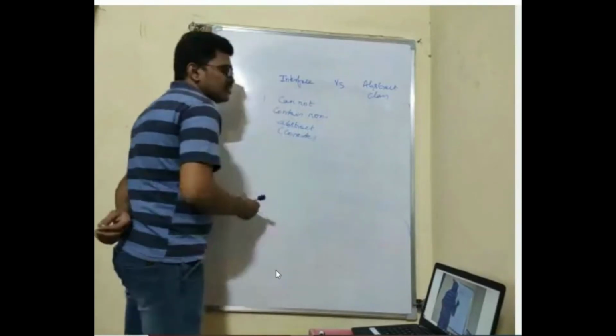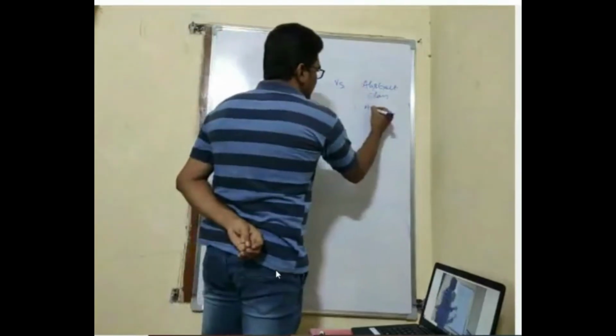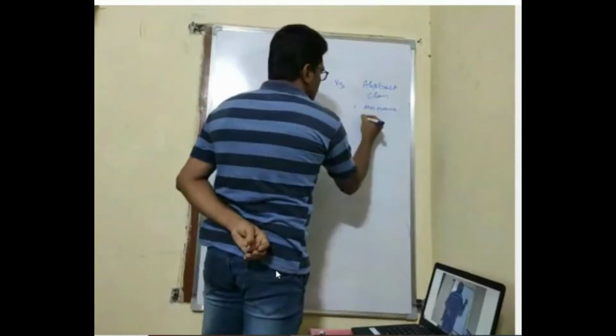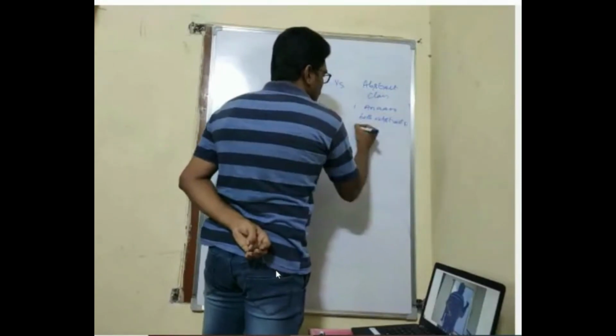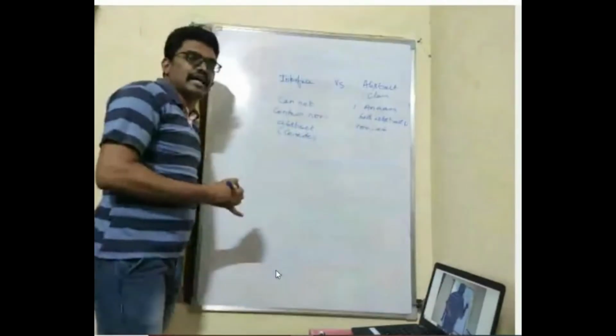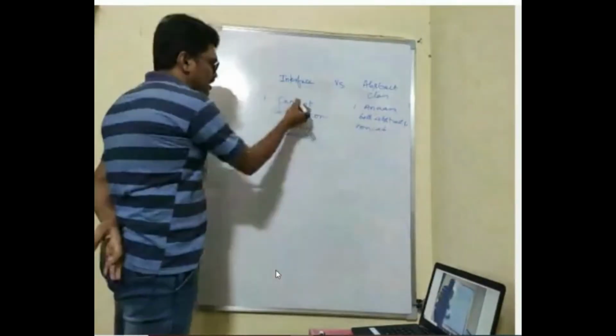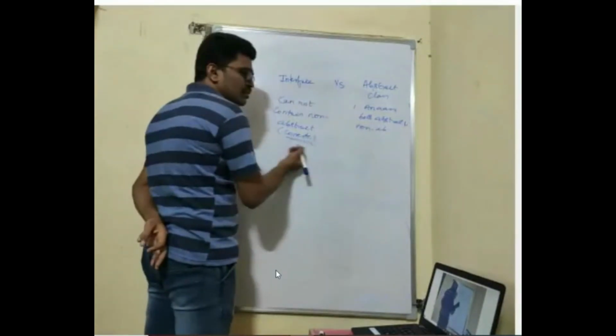But an abstract class can contain both abstract and non-abstract methods. Concrete methods also can be there in an abstract class. But in an interface, you cannot have concrete methods. Is it fine?